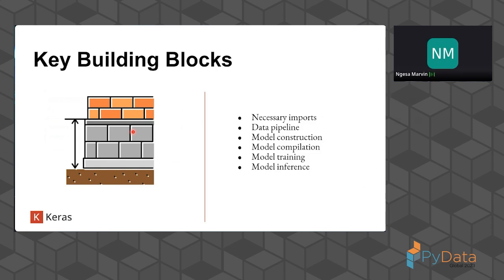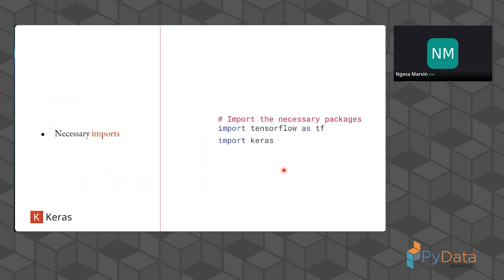For example, if you need a door, Keras will give you something called a data loader. Keras will give you things that you can use in different ways. So you just need to use the data loader. But you also have things like the imports, data pipeline, model construction, compilation, training, and inferencing. Of course, you've seen some of this in the code.